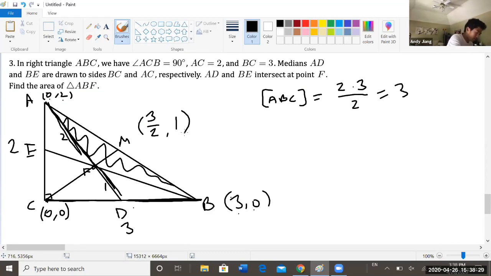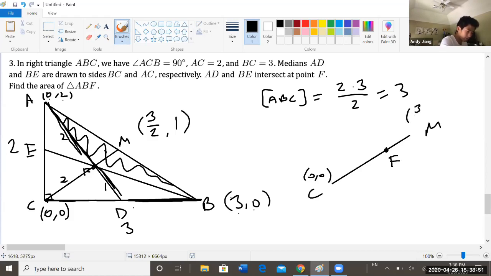And then to find the coordinate of F, like AF to FD, CF to FM is also 2 to 1. So let me redraw that line, CM. And F is 2/3 of the way from C to M. So C is 0, 0.